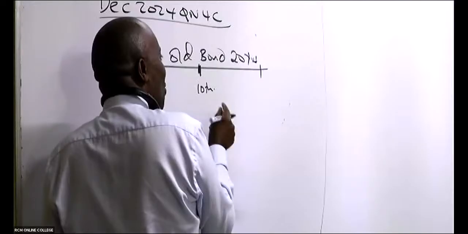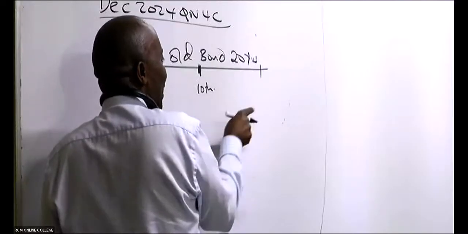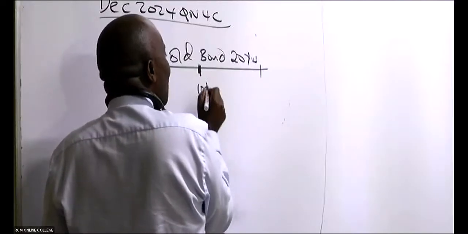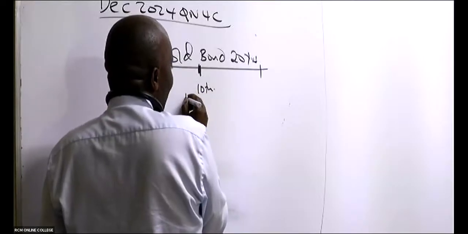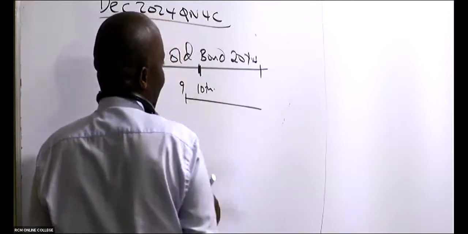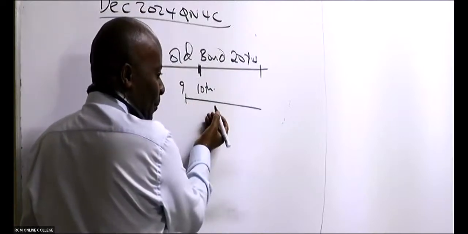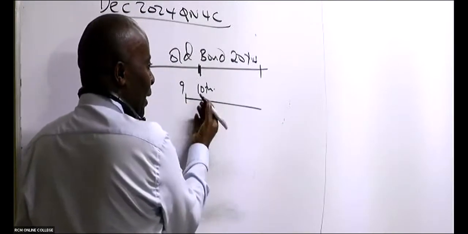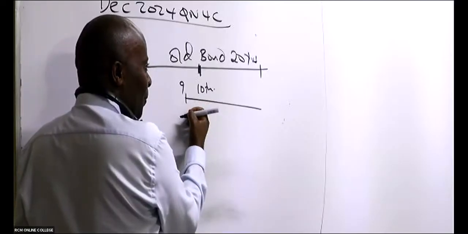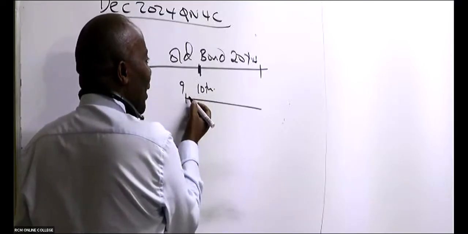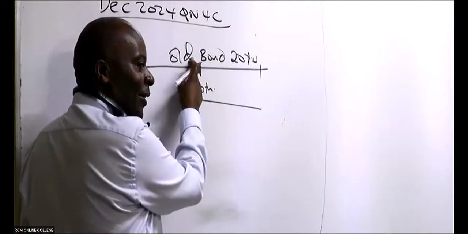I'm supposed to look for these new people to give me cheaper money. So for example, in year number 9, I will issue these new bonds. When I issue the new bonds, I start getting new cash. But this new cash is the one I'll be using to refund the old people.